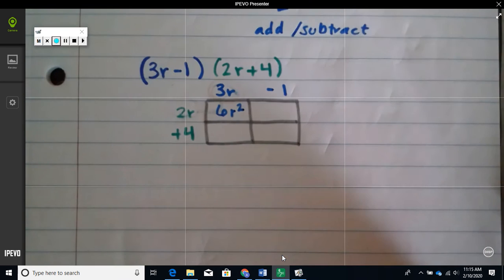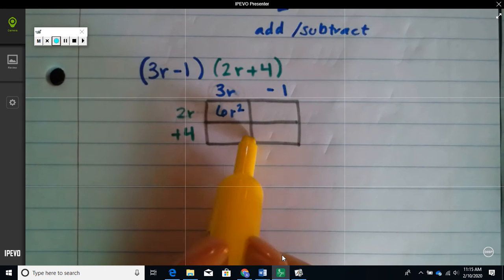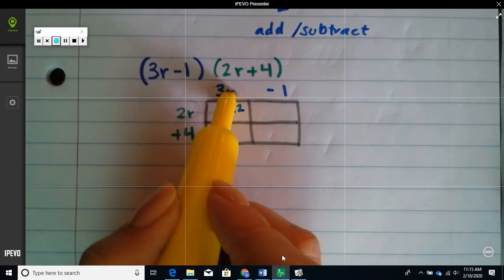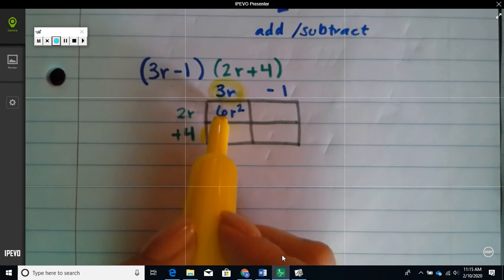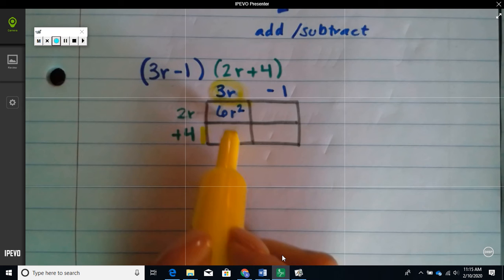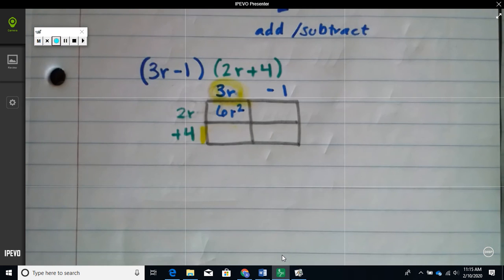Now, in my next box, I'm going to be multiplying. In this box right here, it's formed by this side, which is 4. This side here is the 3r. I'm not multiplying by the 6r squared. I'm multiplying by the sides of this box, which is the 4 and the 3r. So I multiply the numbers.